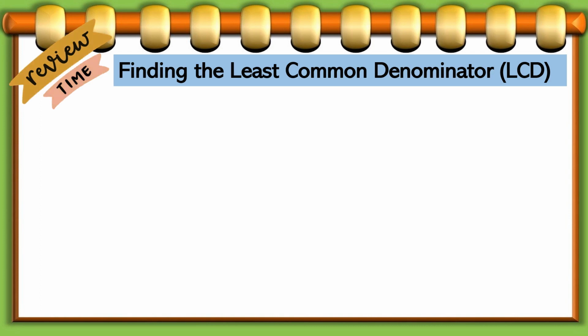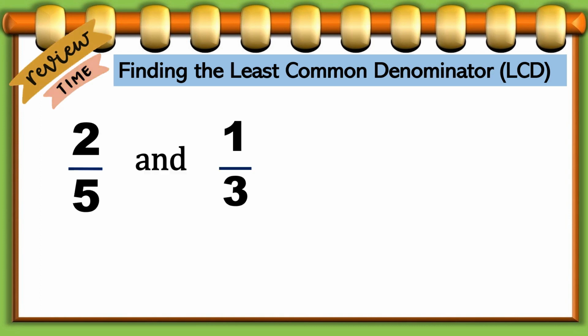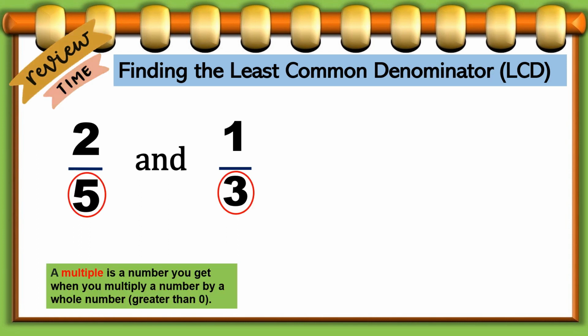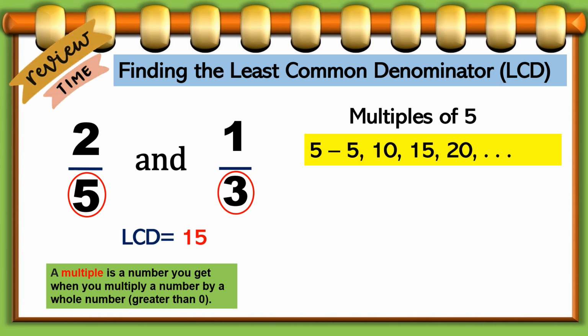Next is finding the least common denominator or LCD. Example, 2/5 and 1/3. First, we're going to find the multiples of 5 and 3. What is a multiple? A multiple is a number you get when you multiply a number by a whole number greater than 0. What are the multiples of 5?